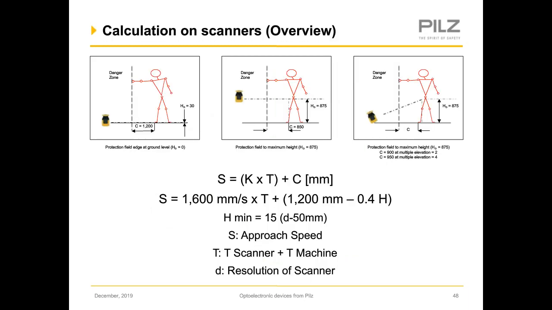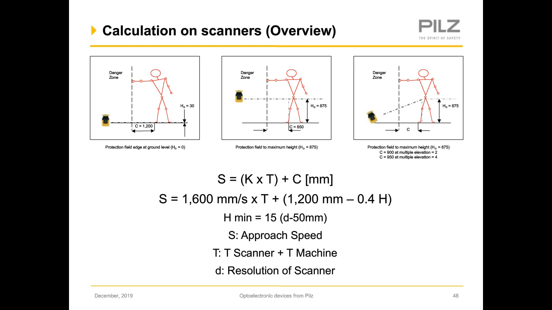Now, not going too much into details in calculation, but in the standard, you also have calculation examples and distances that are applicable for the laser scanner. On the left, you have the laser scanner mounted very close to floor level at a certain distance and height.